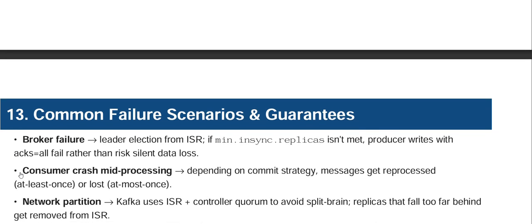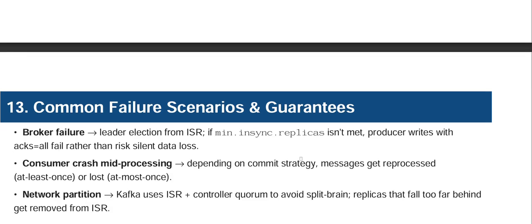Last, we have common failure scenarios and guarantees, how failures happen. Broker failures: we have leader election and ISR, which means in-sync replicas. It makes the producer write fail with acks=all rather than risk silent loss.